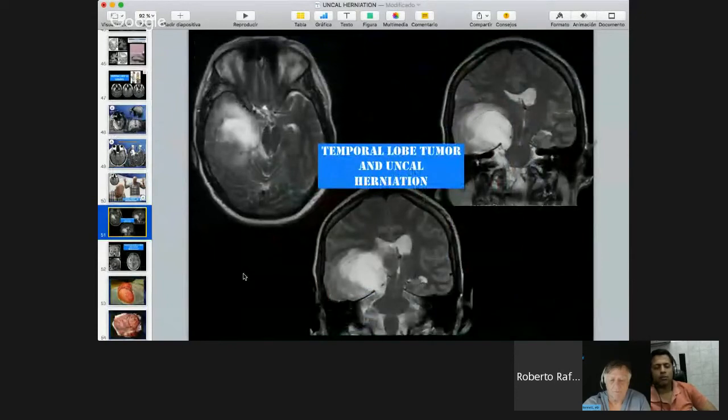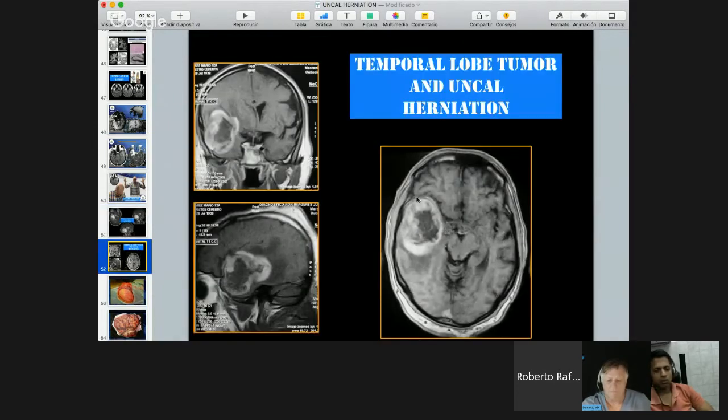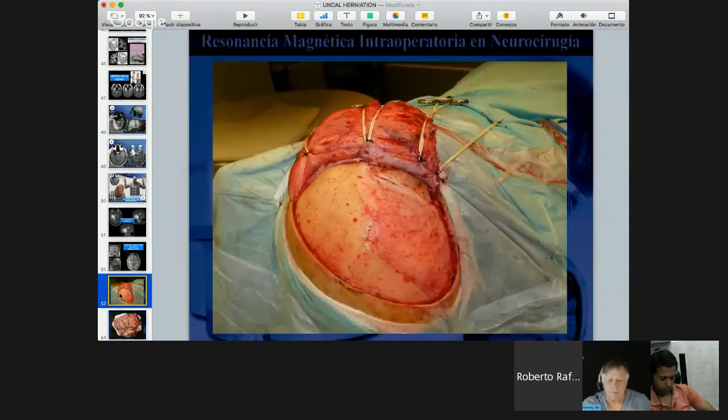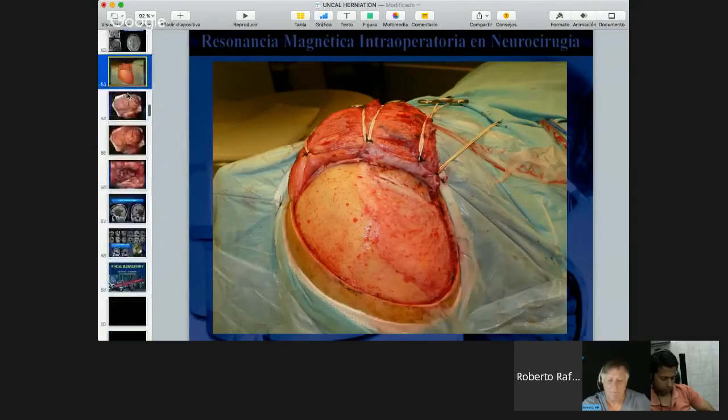A temporal lobe tumor can produce uncal herniation too. Here you can see a very important uncal herniation secondary to a brain tumor, a temporal lobe tumor. In these cases, here you can see the big tumor in this temporal lobe. In this case, it is very important to remove the tumor and decompress the brain stem.